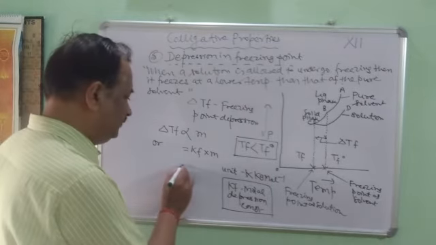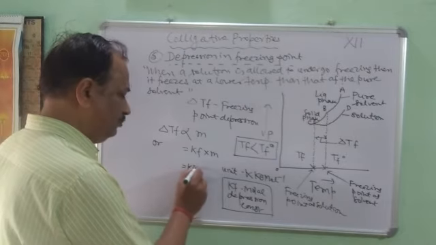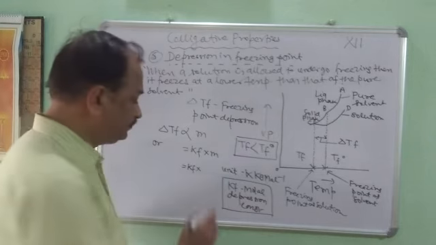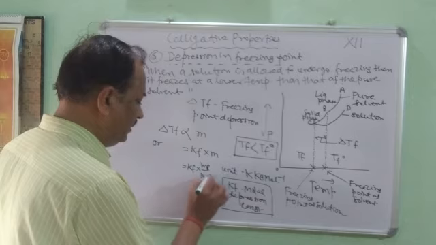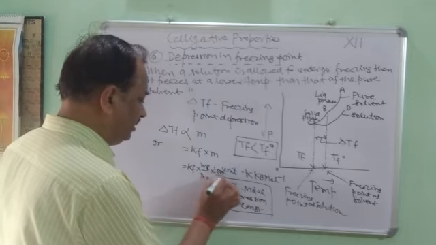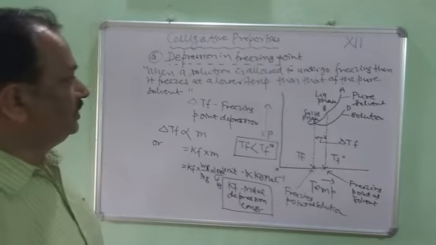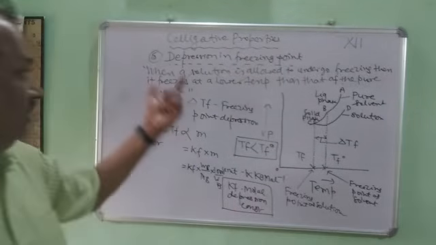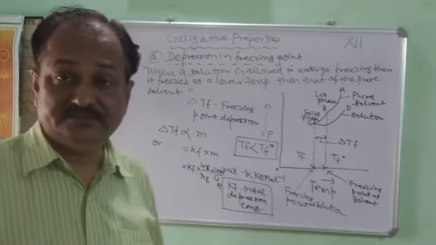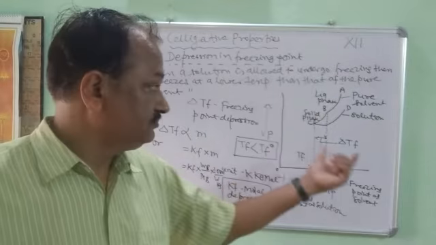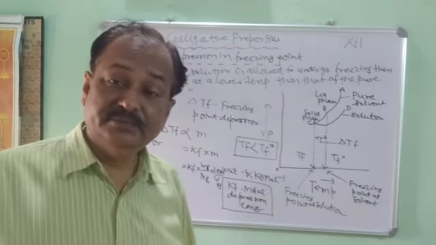Now again coming to here, this Kf, we put here the molality, Wb by Mb into 1000 upon W in kg. So this is called the depression in freezing point. This is very, very important, that the solution always freezes at a lower temperature.